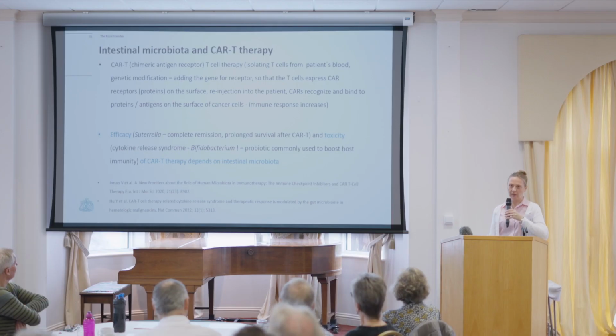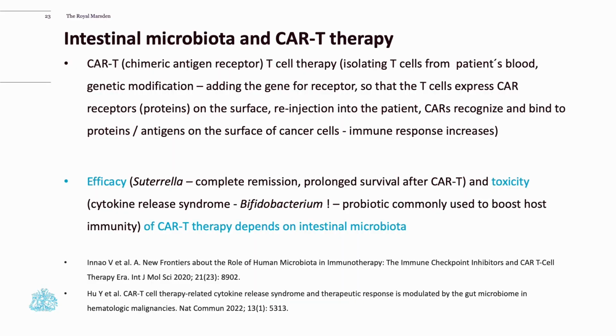We are moving to CAR-T treatment, which is not yet used in multiple myeloma, but it is a very smart treatment developed recently. Chimeric antigen receptor T-cell treatment. Explained more simply, we can isolate the T lymphocytes from the patient. We modify them genetically.